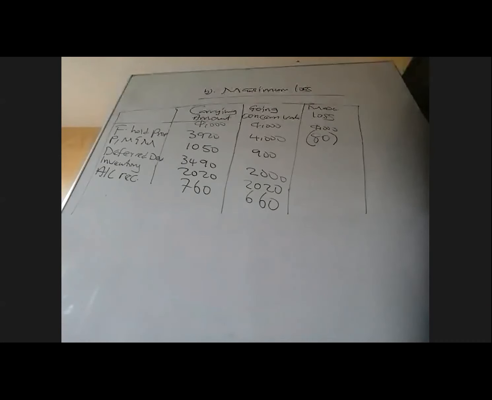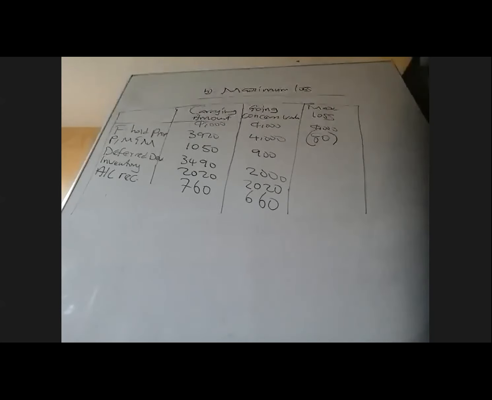So 150 less 1,490. Here will give us 1,050. 1,050 less 900, right? That's the 150.